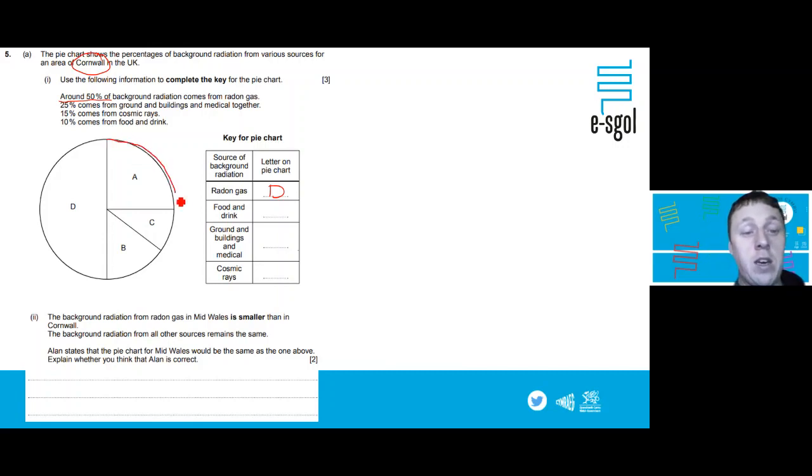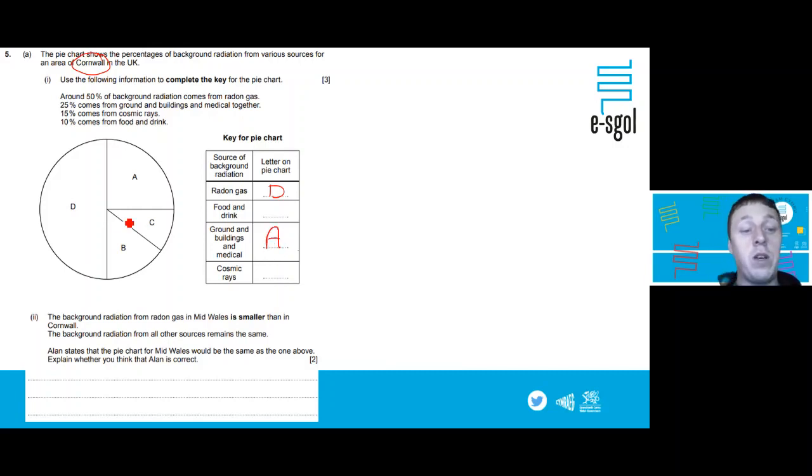We see that A is near to a quarter, or 25%, of the pie chart. We look at the second statement, which is 25% comes from the ground, buildings and medical. So we can put A in here.